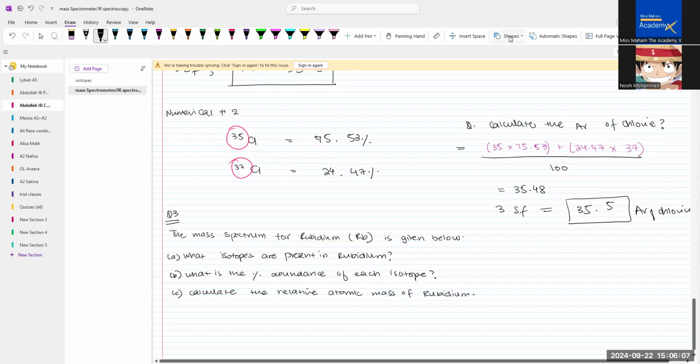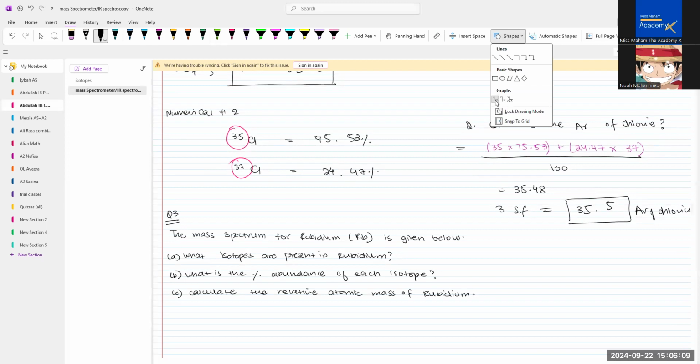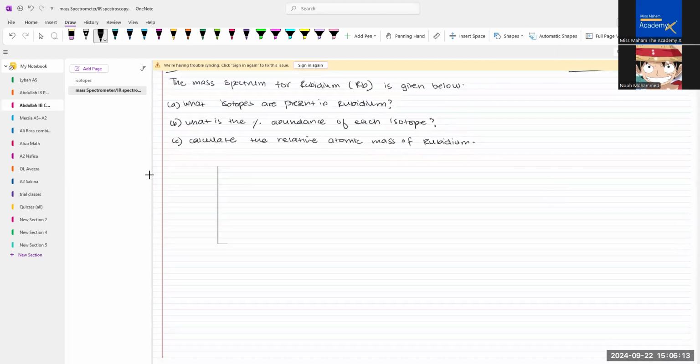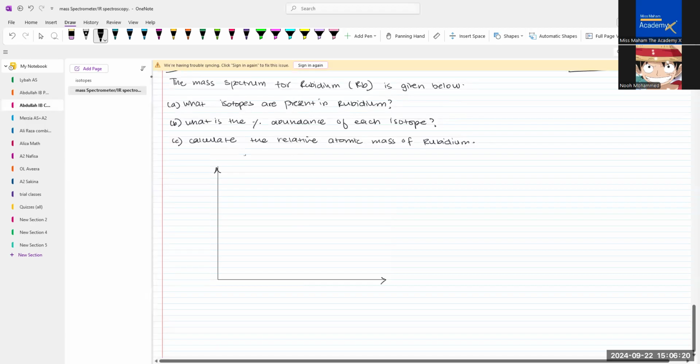So these 3 questions have been given to us with this mass spectrometer graph. Here we have mass to charge. Here we have percentage abundance. Here we have relative abundance.